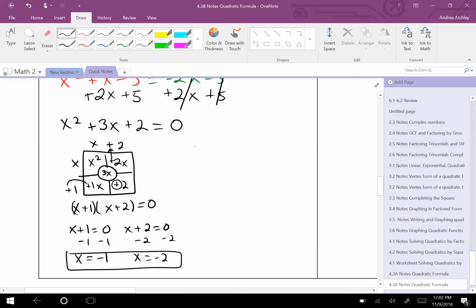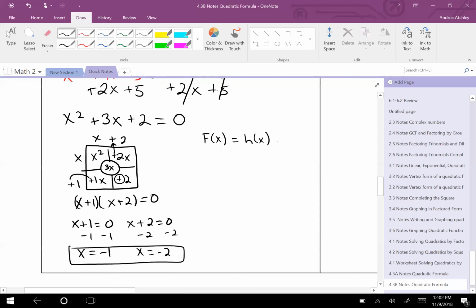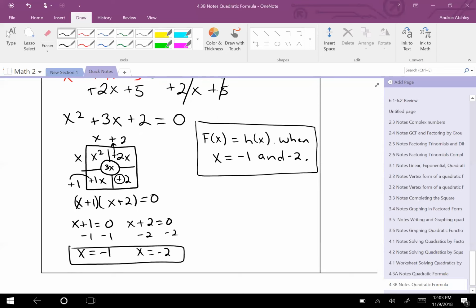So f of x equals h of x when x equals negative 1 and negative 2. Any questions over that?